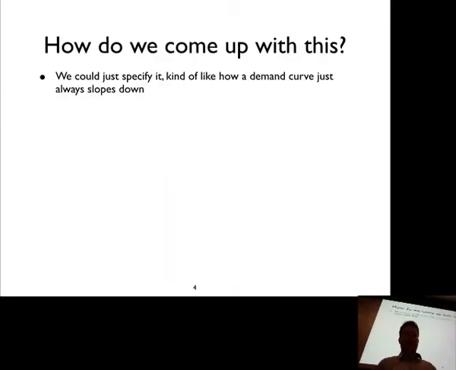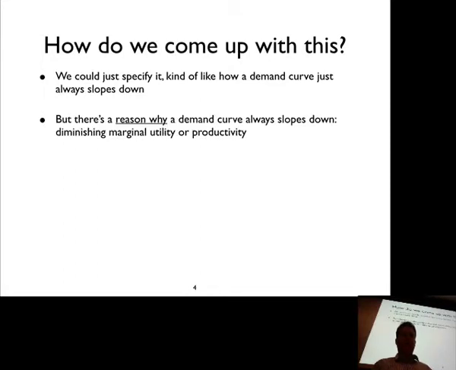So we could just specify this, kind of like how a demand curve just always slopes down, but recall that there is a reason why demand slopes down. In the case of labor demand, or for the demand for capital, as we saw in the first part of the course, the story is that there is diminishing marginal productivity of either one of those two inputs on their own.